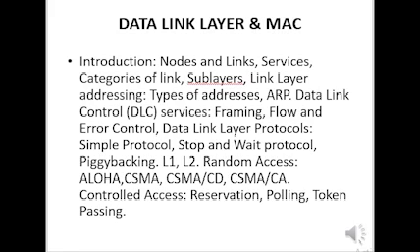Data link layer simple protocols, stop and wait protocol, bit stuffing, layer 1 and layer 2 architectures, random access called CSMA, CSMA/CD, and CSMA/CA, and controlled access: reservation, polling, and token passing.